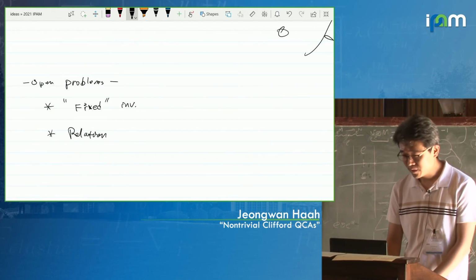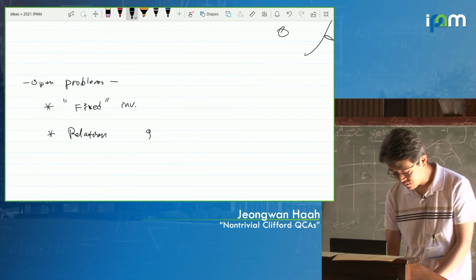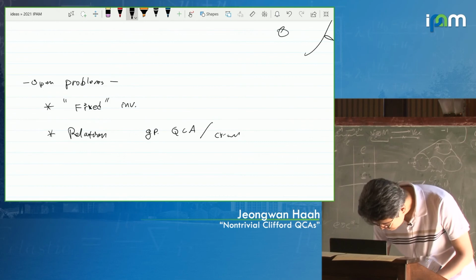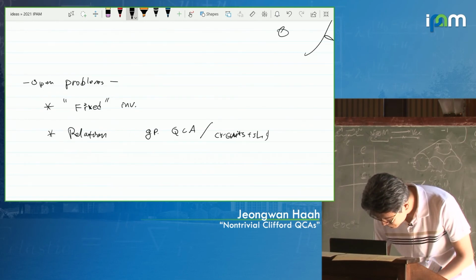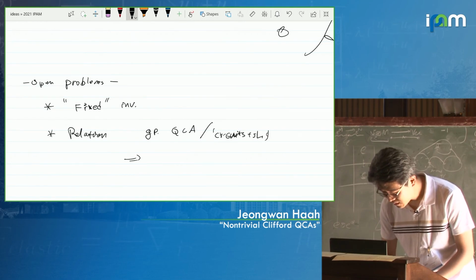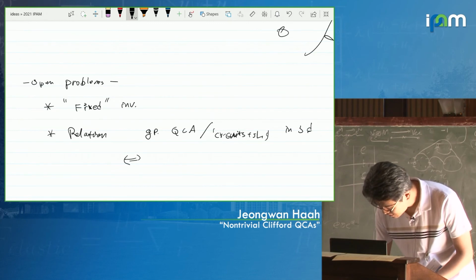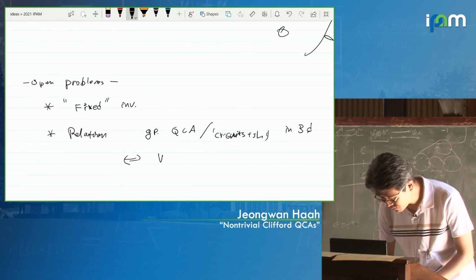The next question is the relation between the group of QCA, of course, modulo circuits and shifts, in 3D, and the Witt group of modular tensor category.